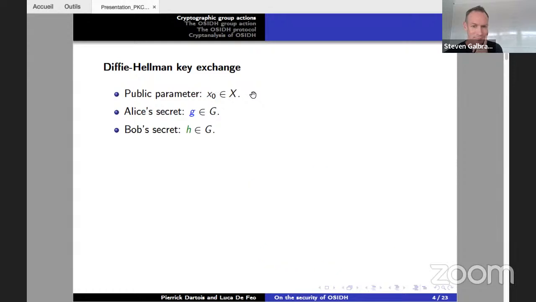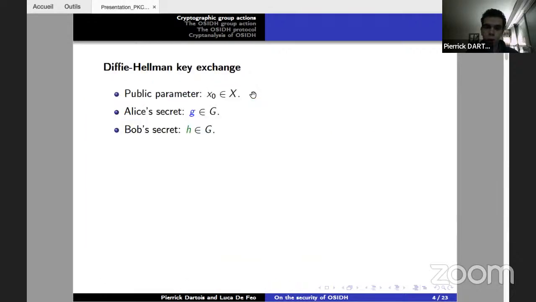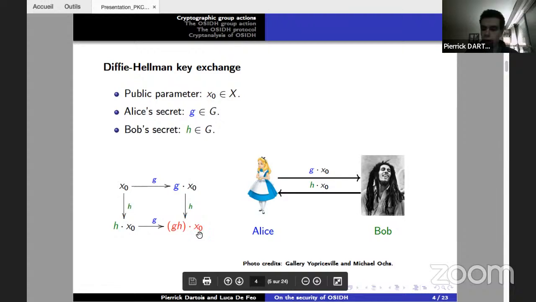Okay, perfect. So as I said, we have a cryptographic group action. With this, we perform a Diffie-Hellman key exchange by fixing a public space element, and Alice and Bob can choose separate secret group elements, perform a group action on this public element, exchange the data they computed, and act with their secret on the exchanged data to recover the shared secret key GHX0.